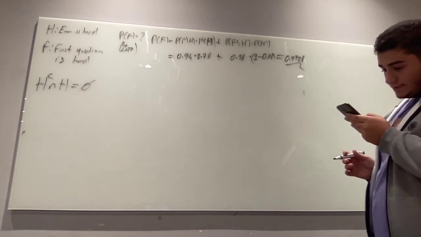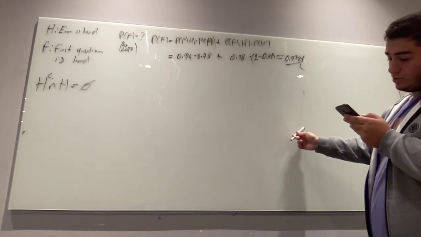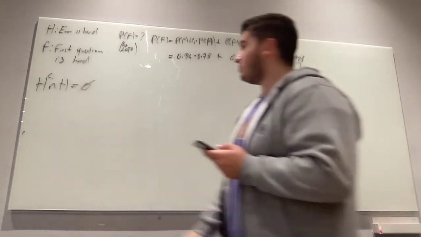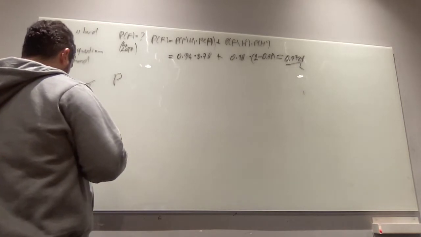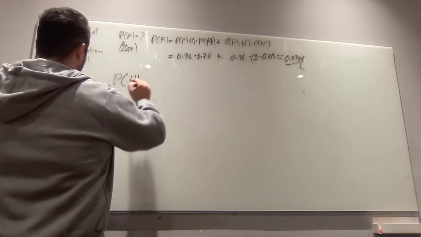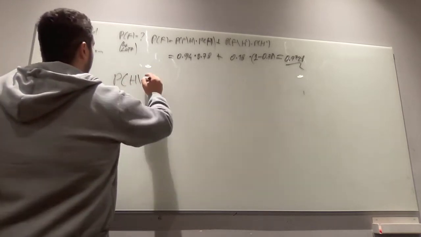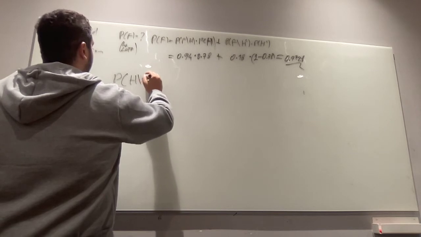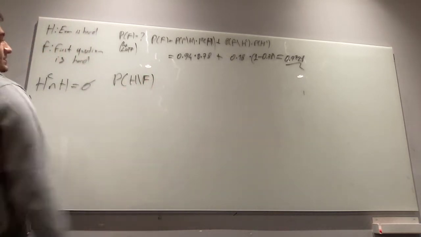What's the probability that your exam is hard, given that the first question on the exam is marked as difficult? Write the question in math again. If the first question is hard, what's the probability that the exam is hard?